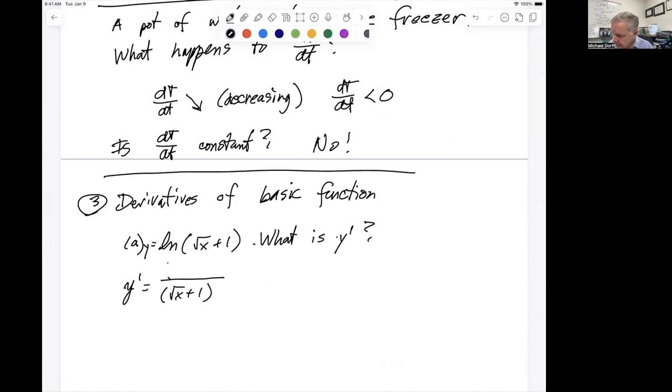And then over in the numerator, I take the derivative of what's inside. So what do I have in the numerator? The square root of x is the same as x to the 1/2. I'm not going to change the denominator because I don't have to take the derivative of the square root of x plus 1 in the denominator, only in the numerator.